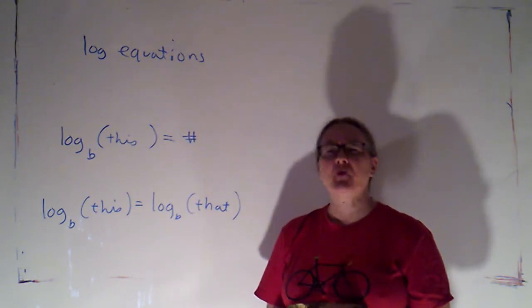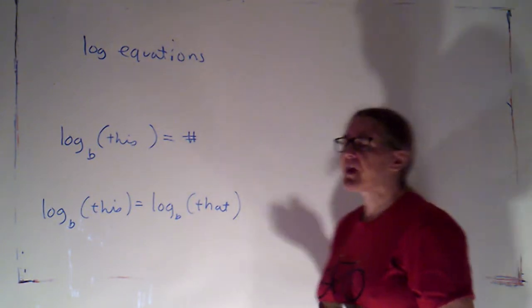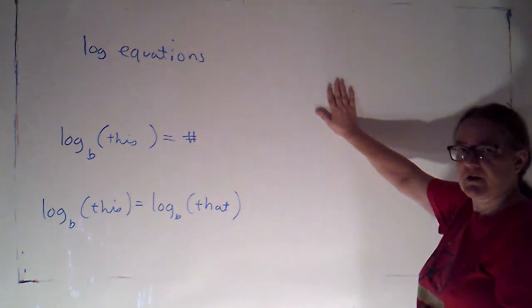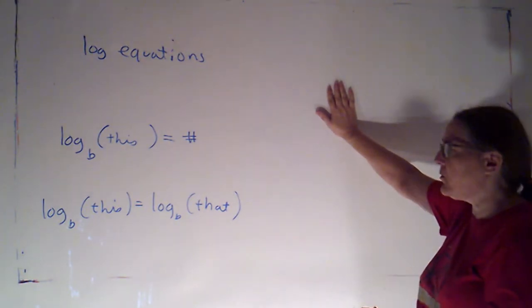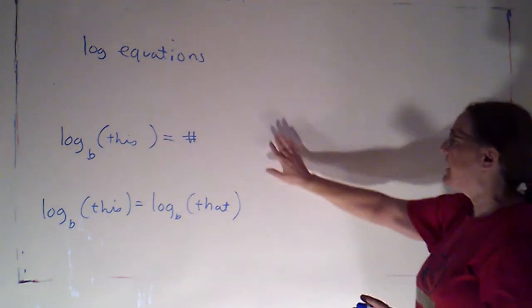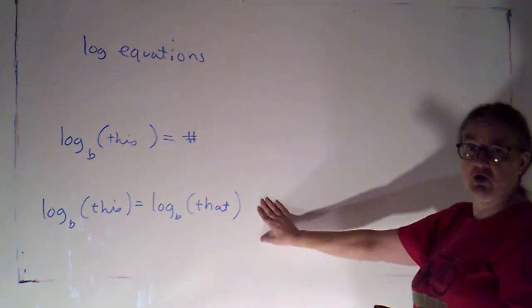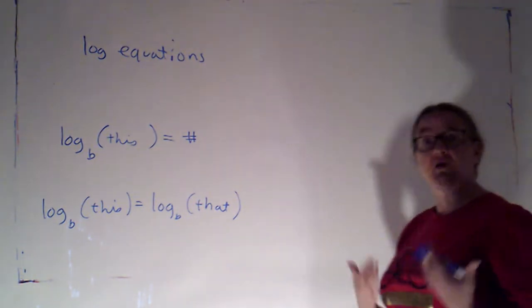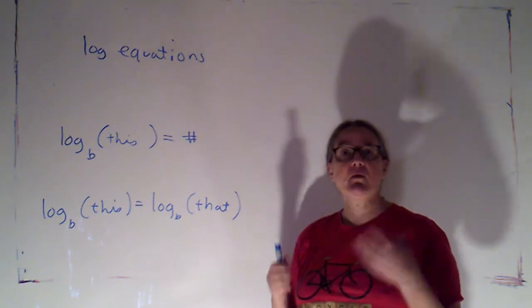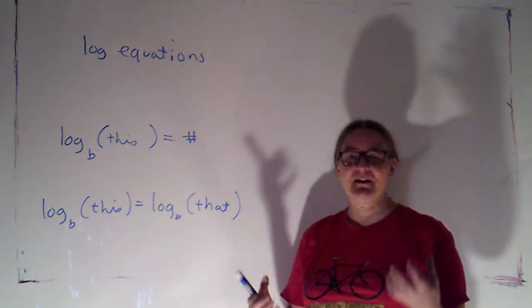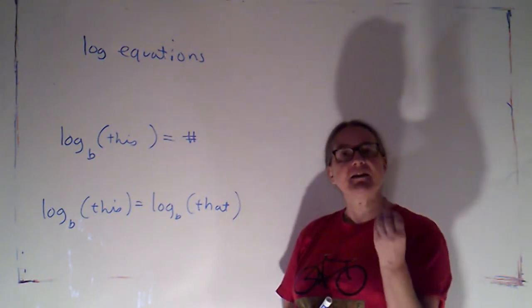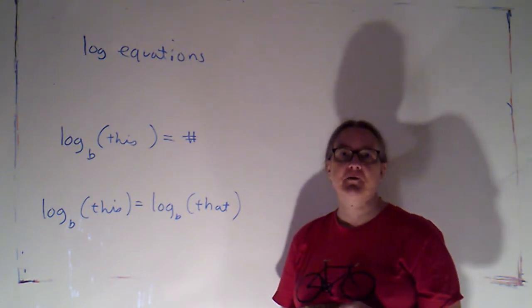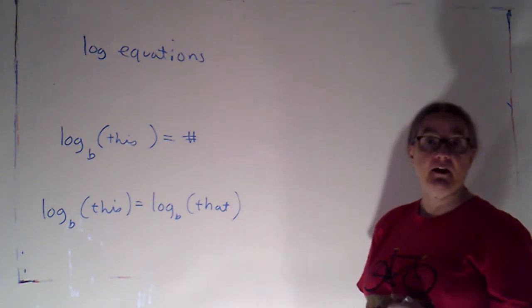We haven't really used the product and quotient rule of logs yet. We're going to use that with log equations because my goal is always going to be to get the equation into one of these two forms. Just like with an exponential equation, where we wanted to isolate the exponential expression, we need to isolate the log expression.